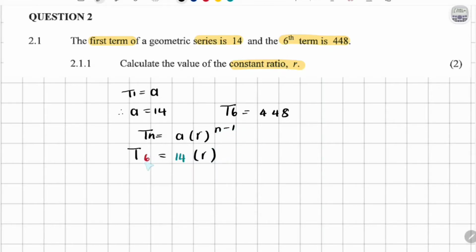The n value is 6 because we are substituting 6 in place of n. That is term 6, so that is 6 minus 1. Now this is going to become an equation. The value of T6 is 448. So 448 is equal to 14 multiplied by r raised to the power of 5.